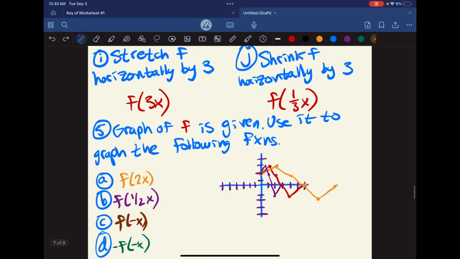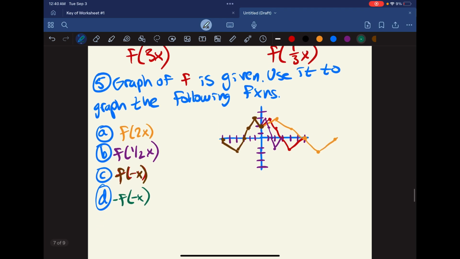So we start at the same spot like we always do. The corresponding point for f of 1 is just going to be the same, except it's at f of negative 1. For 2, same deal. And then 3, same deal. 4, same deal. 6, same deal. So it's just reflected across the y-axis.